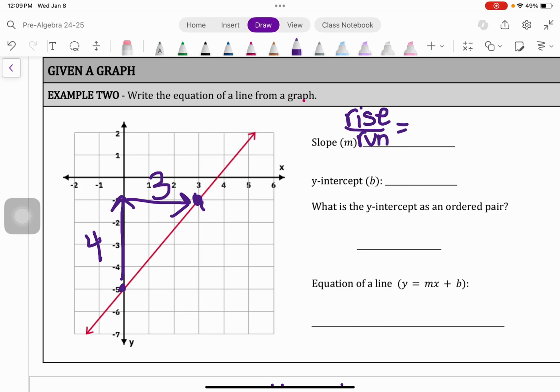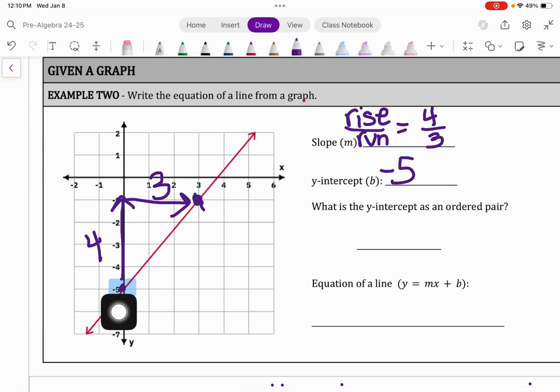It is 4/3, and just keep it a fraction. Don't need to change it. My y-intercept is wherever I touch the y-axis. So I would be right here at -5. So that's my y-intercept.